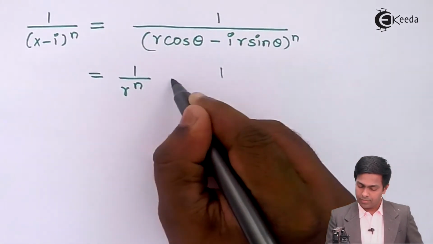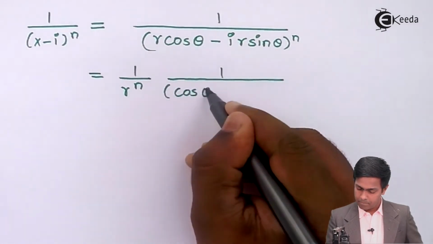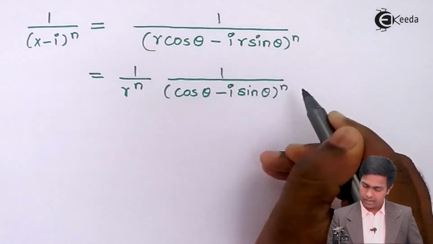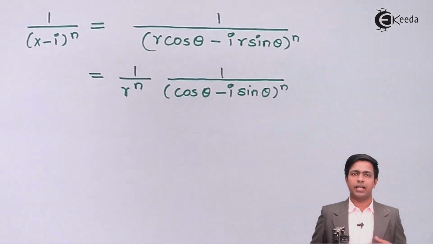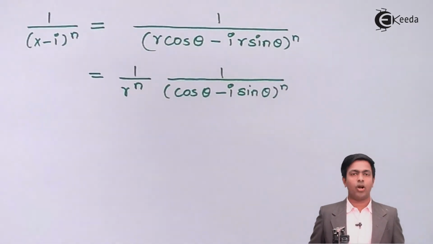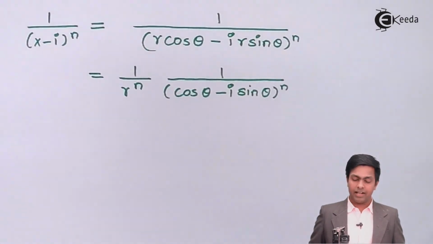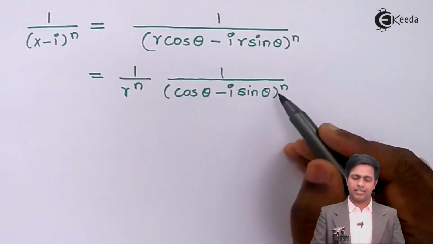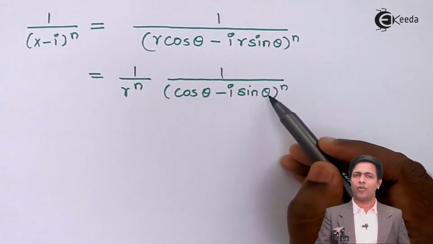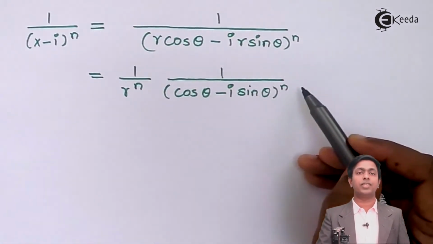So here I'll write it down. We have learned a very wonderful theorem in complex numbers, which is called de Moivre's theorem. Whatever the power of a complex number, if the given complex number is in polar form, then we multiply that angle with the power.